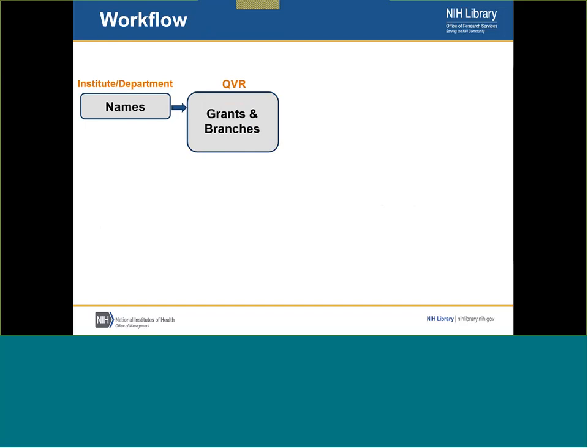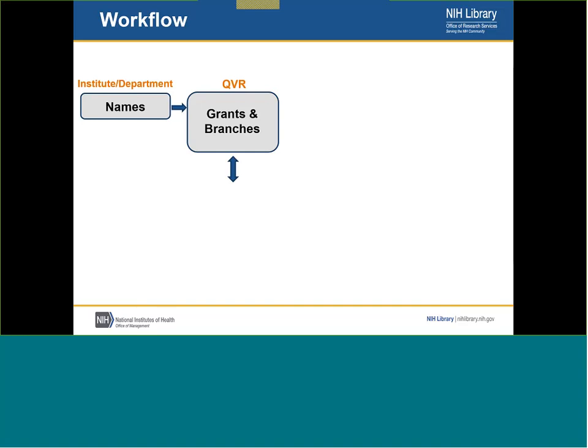I can also get the grants and branch name with the combination to match them in QVR. I know that not all of you have access to it, but this is the place if you would like to match a grant number with a specific branch, not just IC, a specific branch or even program office, that's the place that you have to go.